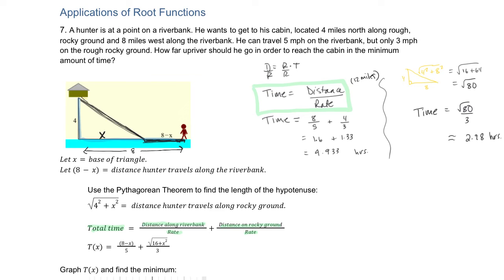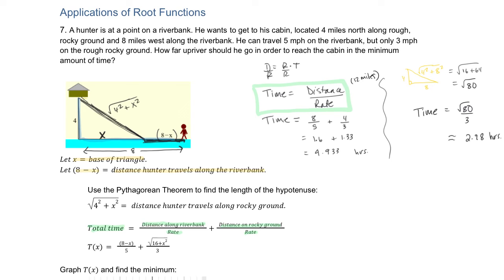And then for this diagonal, we're just going to use the Pythagorean theorem. That would be 4 squared plus x squared. So those are his distances. The distance along the riverbank is 8 minus x, where x is the base of the triangle.